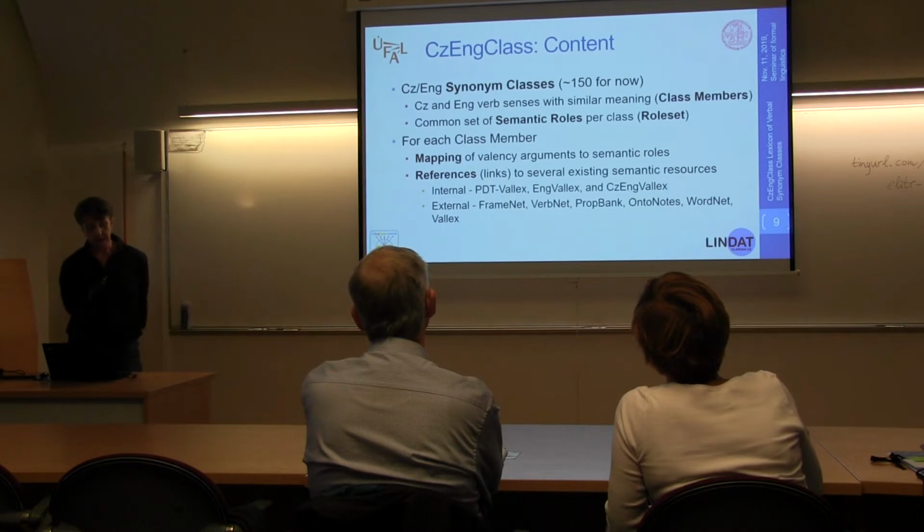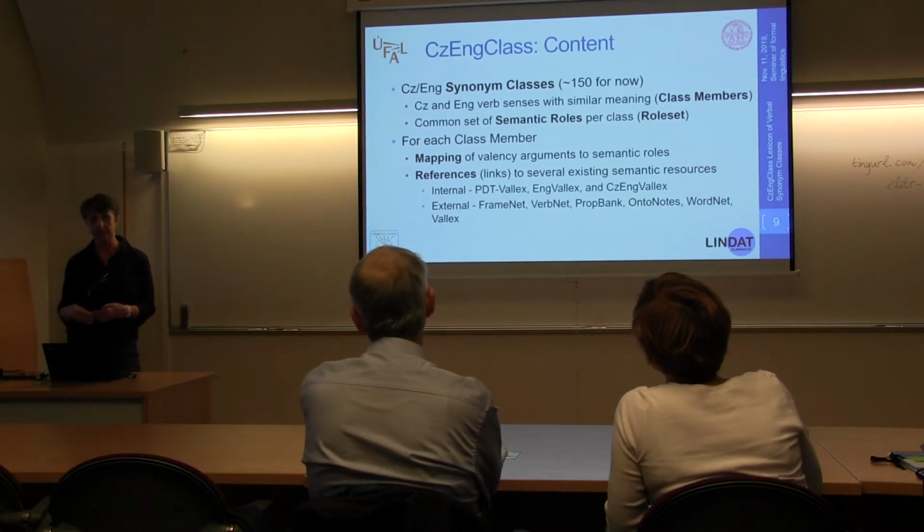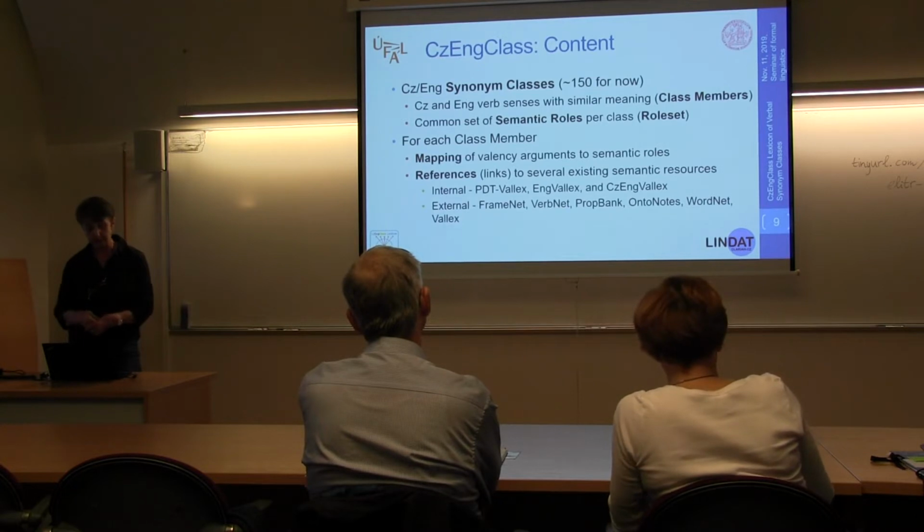The individual entries in these synonym classes are not just the verbs, but the valency frames, the individual valency verb senses. We call these verb senses class members. And each synonym class has its common set of semantic roles, and we call this common set of semantic roles the role set.